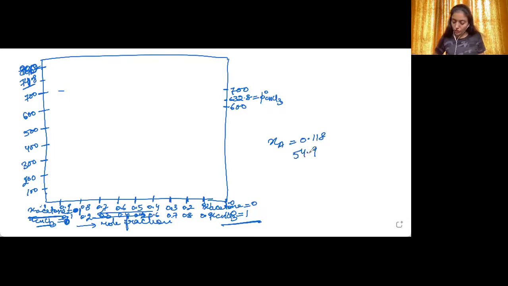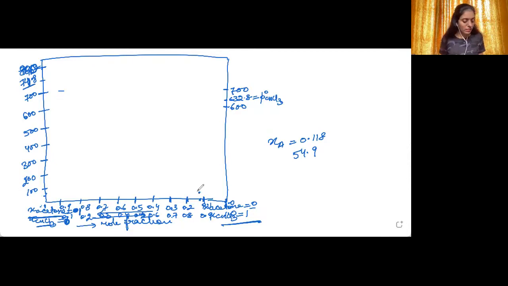So this is 0, this is 0.1, and 0.118 is approximately 0.12. It can be approximately here. At that point the vapor pressure is 54.9, approximately at the middle. I can just put the mark here.